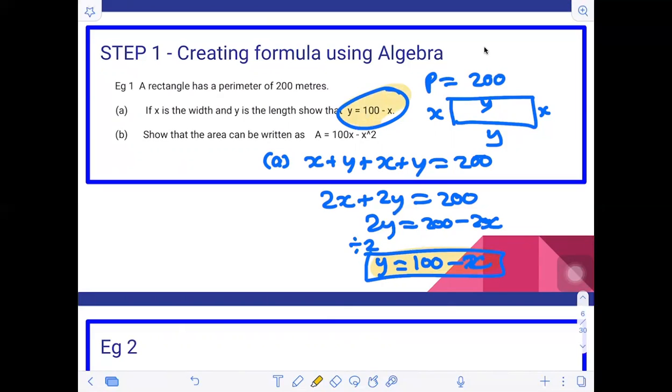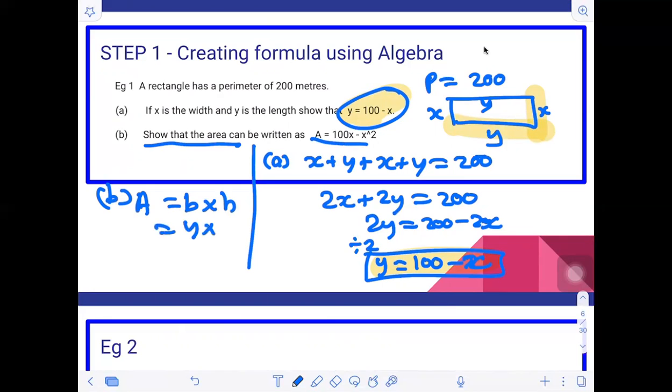It gets 1 variable in terms of the other. Okay, and then the second part, which is B, we want to find the area just in terms of x. The actual area will equal y times x because it is base times height. So it's y times x, but we want this all in terms of x.